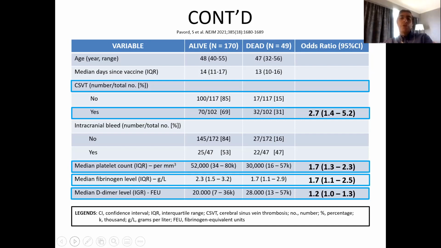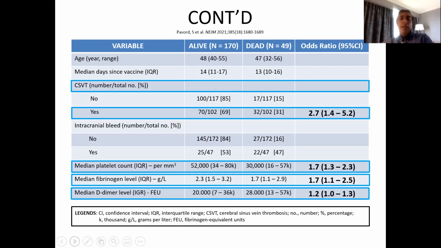Similarly, individuals with equal or greater than 50% fibrinogen level drop had an odds ratio of 1.7 with the confidence interval shown, and individuals that had increments of D-dimers by 10,000 fibrinogen equivalent units, which is one way of quantifying D-dimers, had also an odds ratio of 1.2. Those were the ones that were statistically significant.